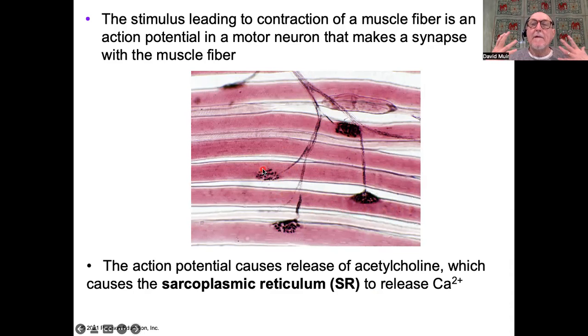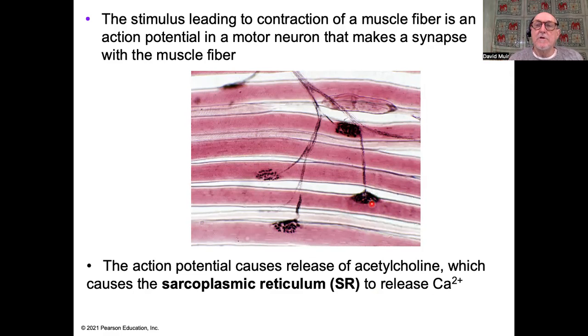And when an action potential is sent, instructing a muscle to contract, the action potential reaches the synapse here, but this synapse is between the nerve and the muscle. So it has to release a neurotransmitter in order to communicate across the synapse.